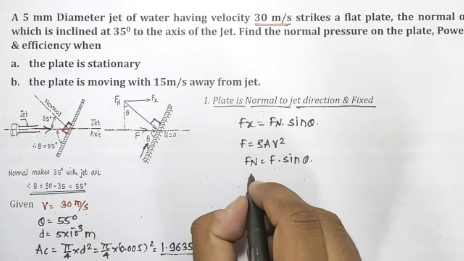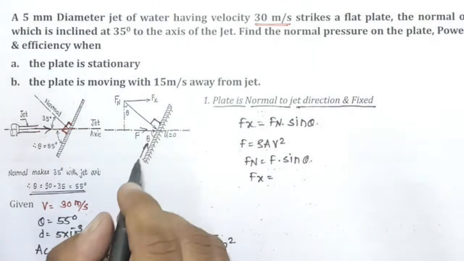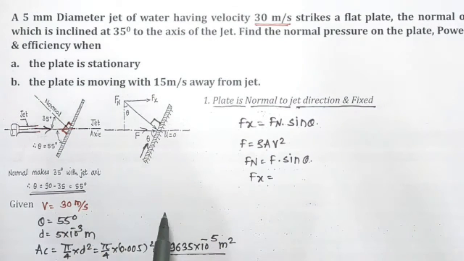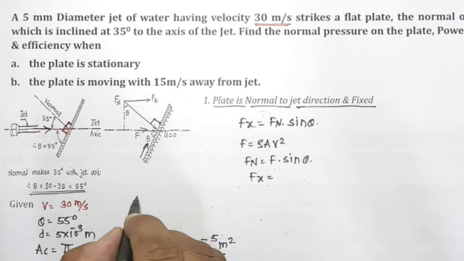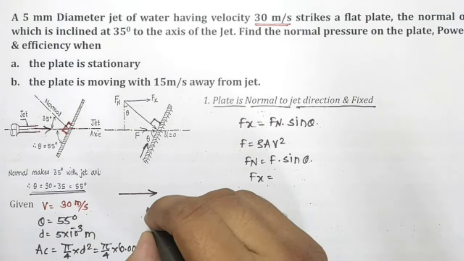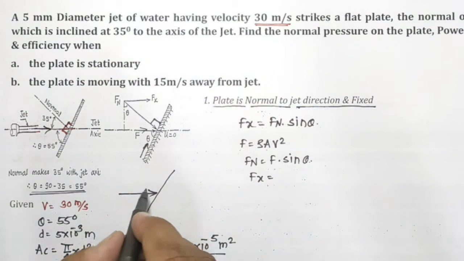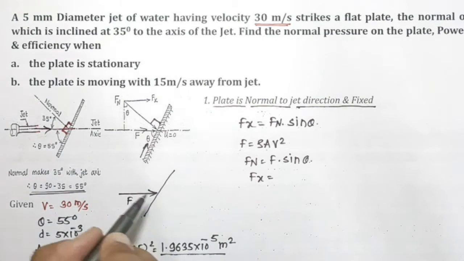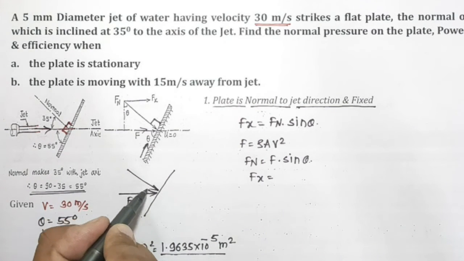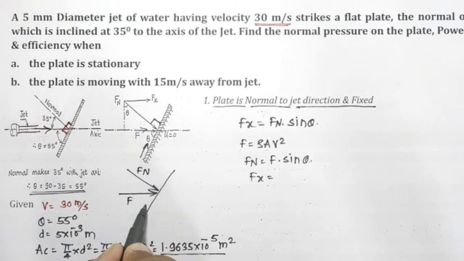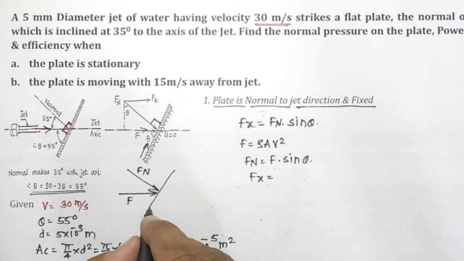And for Fx, one of the diagrams is not shown here, but I will try to recreate that diagram so you will get a better idea. This is the normal, this is F, this is the plate surface, here we have Fn, and here we have Fp.